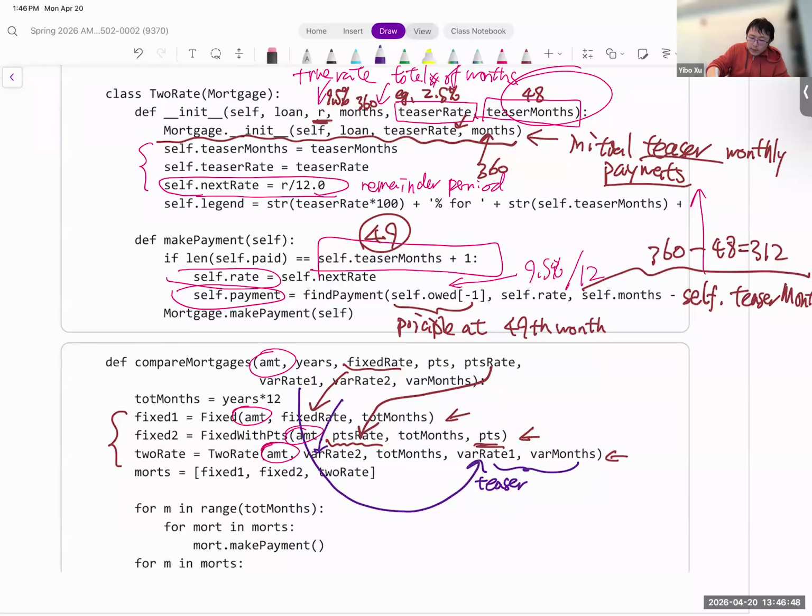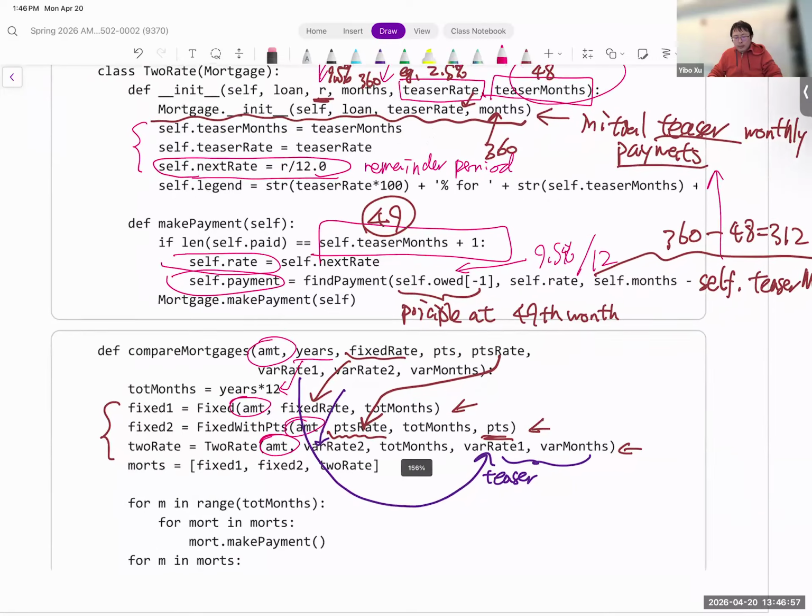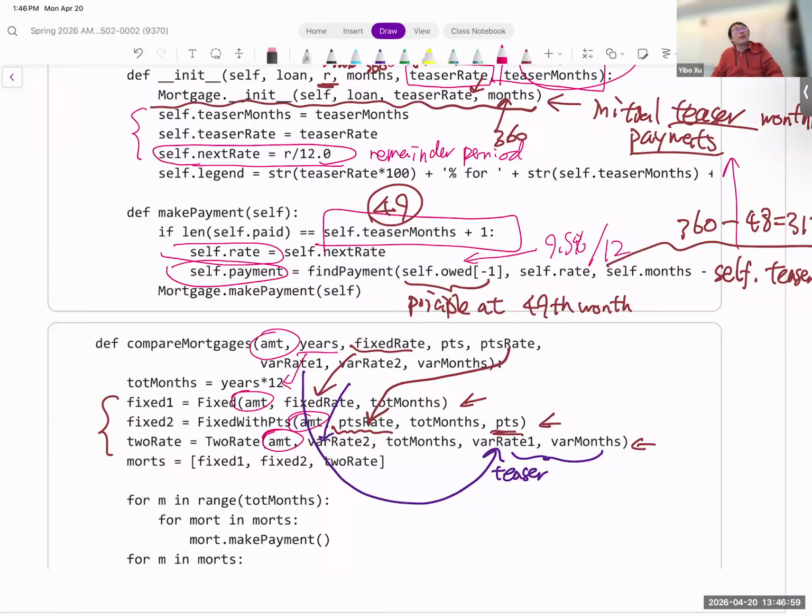Now you see they specify the years, and then you multiply by 12 to get the total number of months. The total number of months, capital N, is going to be fed into every one of the loans throughout. And for the variable months, let's say the teaser rate is for 4 years, that's going to be 48 months. 5 years is going to be 60 months.